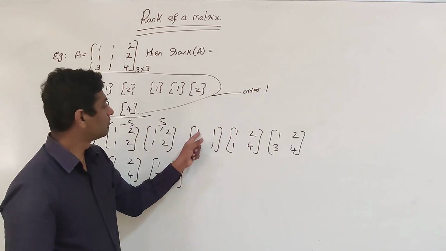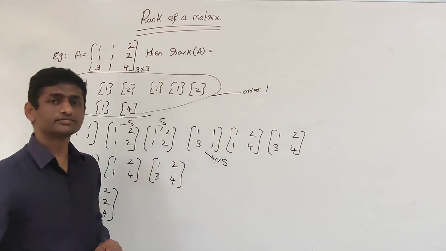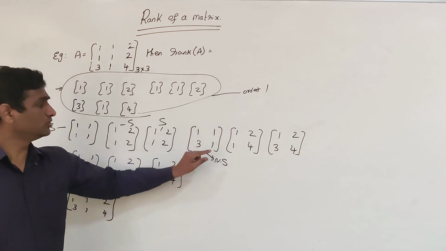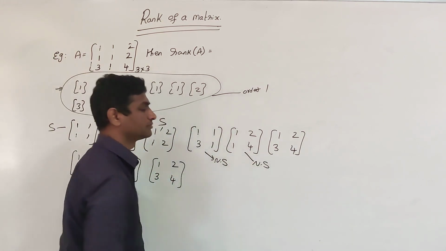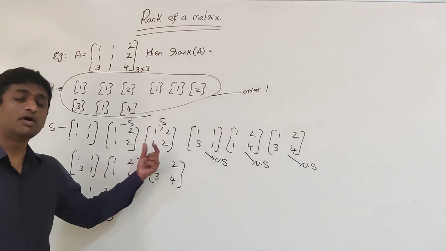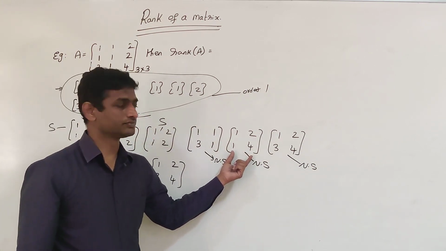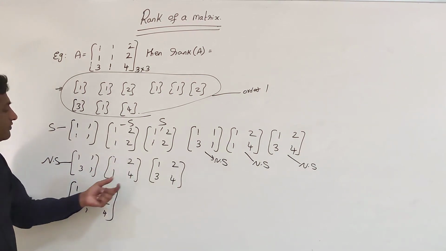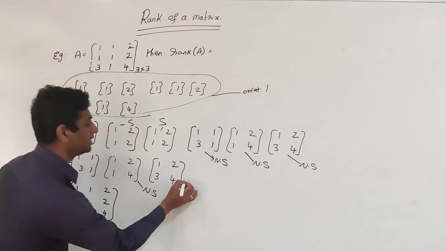Coming to this, 1, 1, 3, 1, it is non-singular because the determinant is 1 minus 3, which is minus 2, not equal to 0. Next, here also non-singular, and this is also non-singular. Some of the 2 by 2 matrices are singular and some are non-singular. Next, this is non-singular, 1 2 1 4 non-singular, and 1 2 3 4 again non-singular.